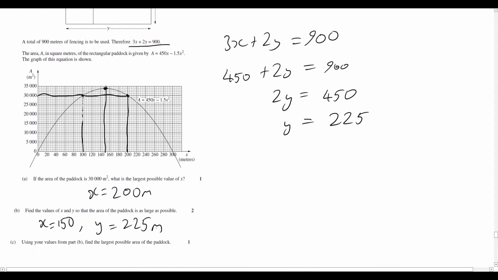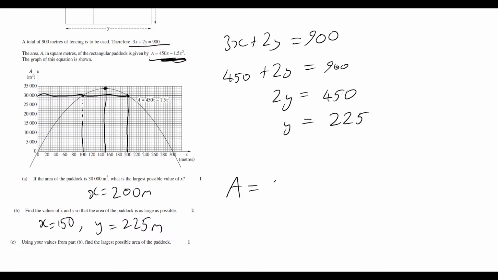All right, part C. So using your values from part B, find the largest possible area of the paddock. So we know that the area is given by this formula here. So all we need to do now is substitute our value of x equals 150 into that area formula there. So let's see what we get then.